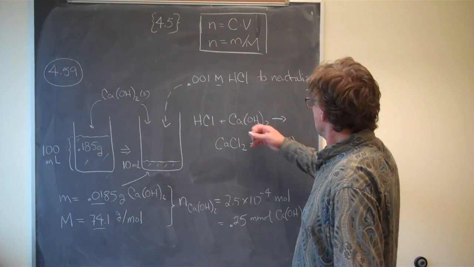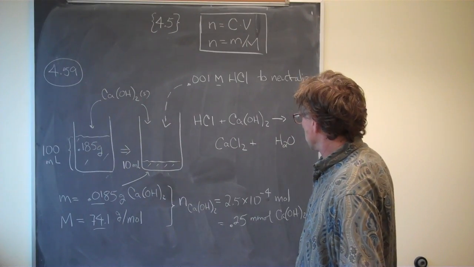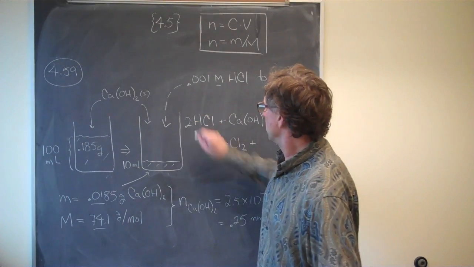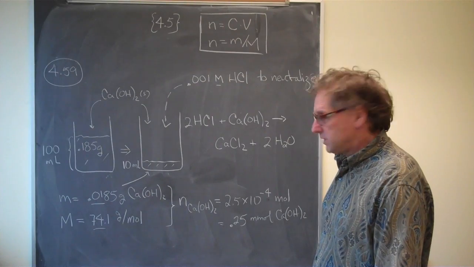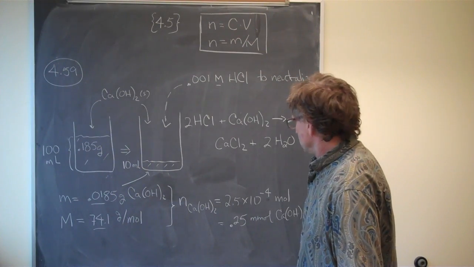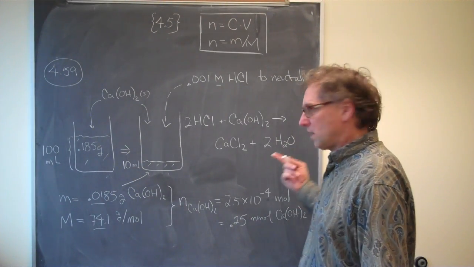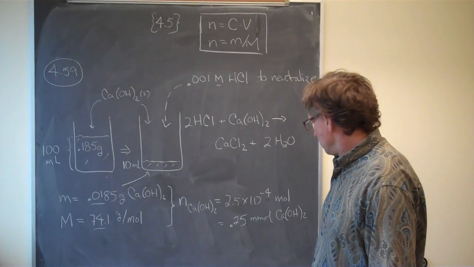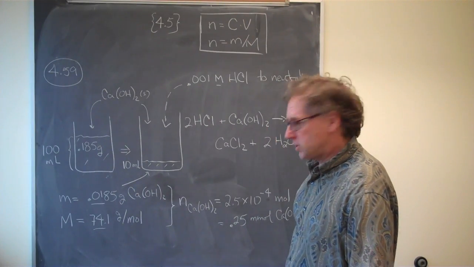Okay. I know that there are 2 OH minuses for every calcium. Calcium is an alkaline earth metal, so I've got that. That means if I have 2 chlorides, then I better have 2 HCl's, and if I have 2 HCl's, then I need 2 H2O's. Good? Okay, I think we're almost done here. I need to figure out how many moles of HCl I'm going to need to neutralize 0.25 millimoles of calcium hydroxide, and I'm seeing that there's a 2-to-1 ratio.